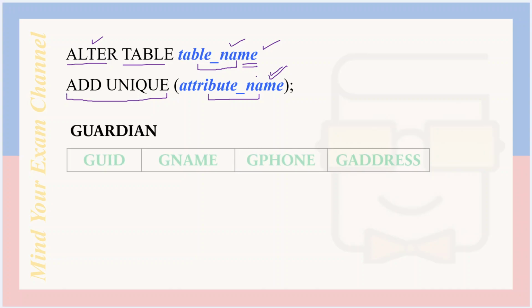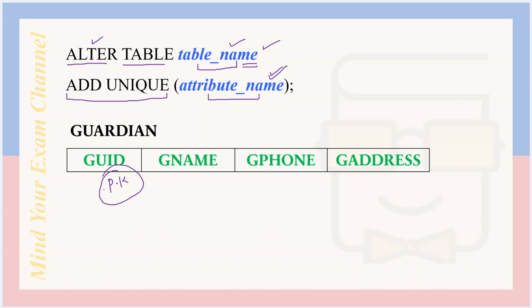Say for example, we have a guardian table which contains 4 different attributes. Here the GUID, or the guardian ID, is already created as the primary key. I have shown how to make it a primary key in the primary key video, which is shown in the description as well as in the top right-hand corner. Now we want to assign the G phone, or the guardian phone number, as a unique attribute.